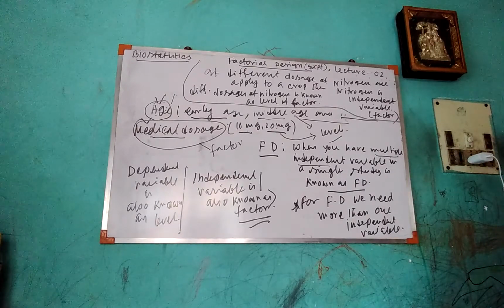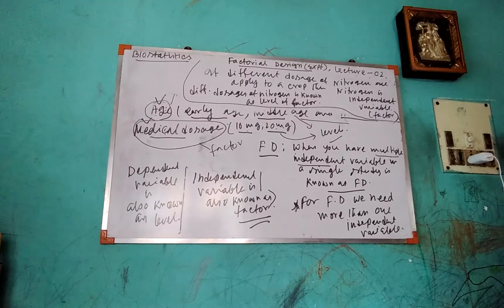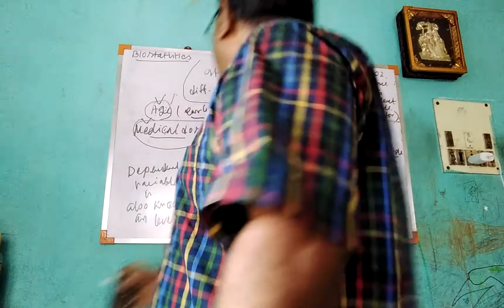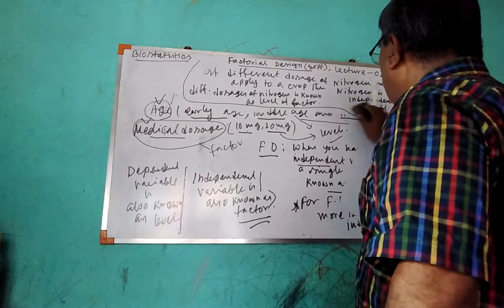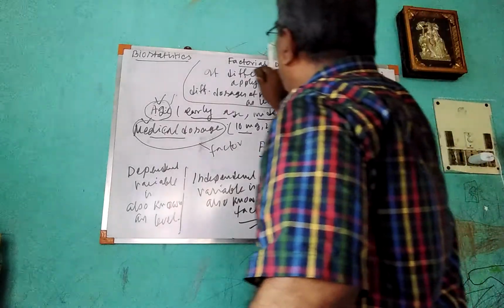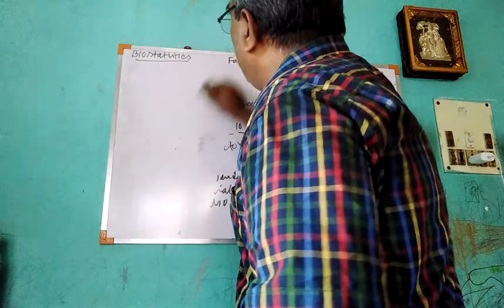Factors are actually of two types. Factor means independent variable, so independent variables are of two types.